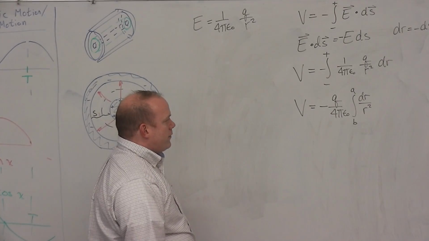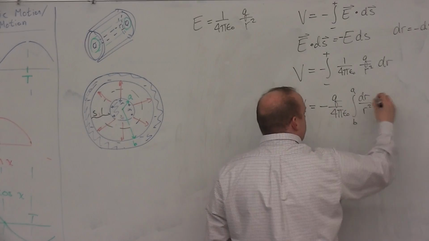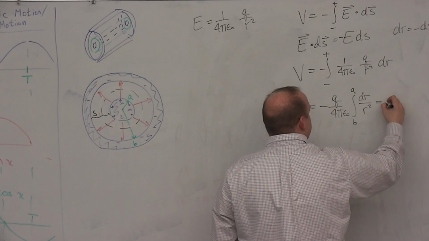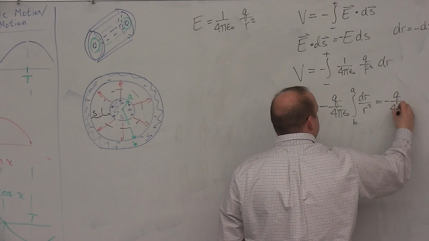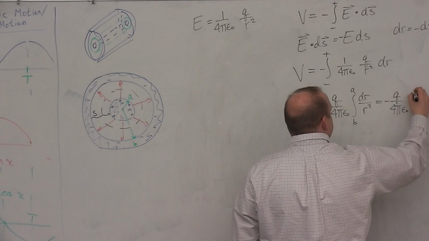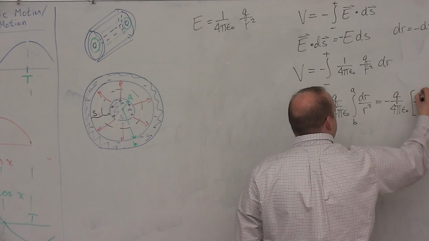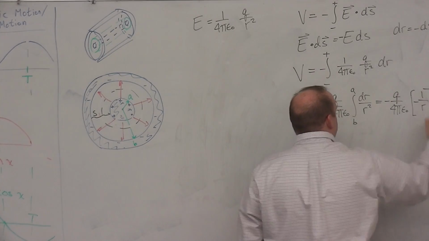So now, dr over r squared, okay, that's r to the negative 2. So I wind up with, well, negative Q over 4 pi epsilon naught, okay, it's going to be times a negative 1 over r, and that'll be integrated from b to a.